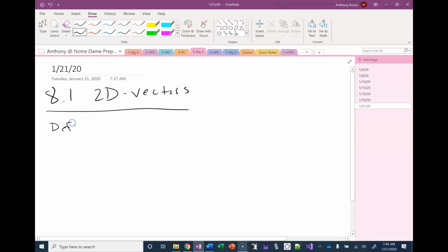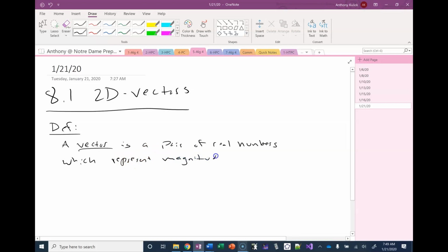So we're going to start with some definitions here. So a vector is a pair of real numbers which represent the magnitude and direction.